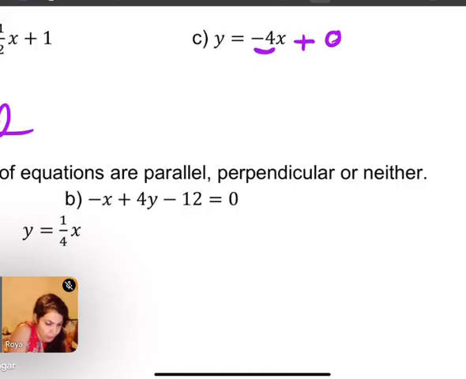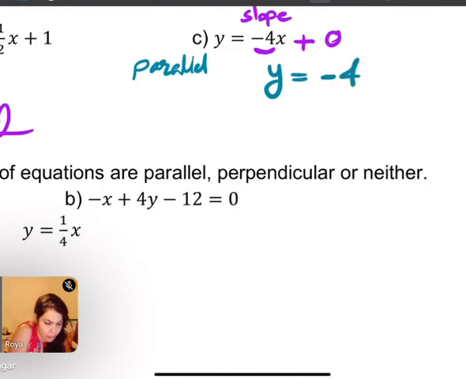Negative 4 is the slope. If you want to write a line parallel to that, it's going to be y equal to, the slope should be the same, negative 4x, and the y-intercept can be any number, plus 1.